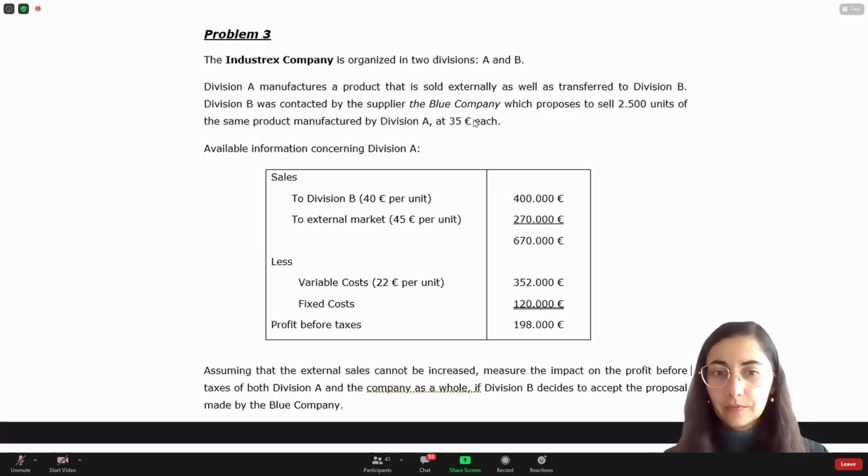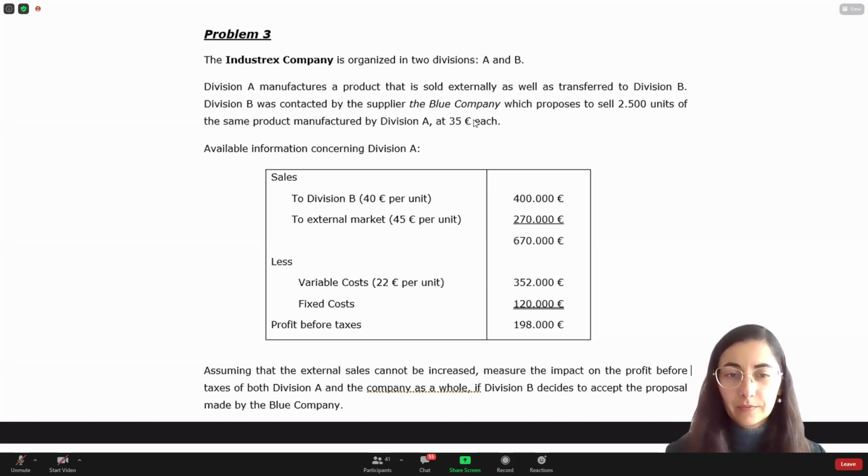So basically, if before we had 7,500 units sold to division B and 6,000 units sold to the external market, now that times 22 will get me to 297,000 in terms of variable costs, and fixed costs I assume will be the same.